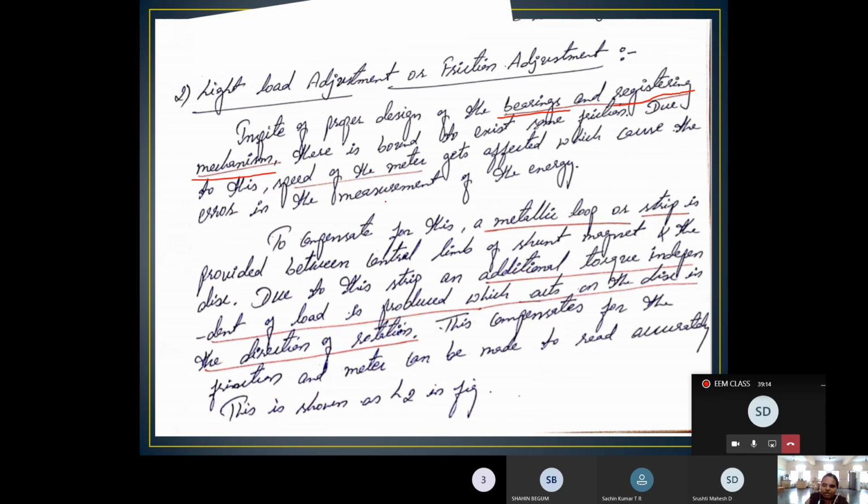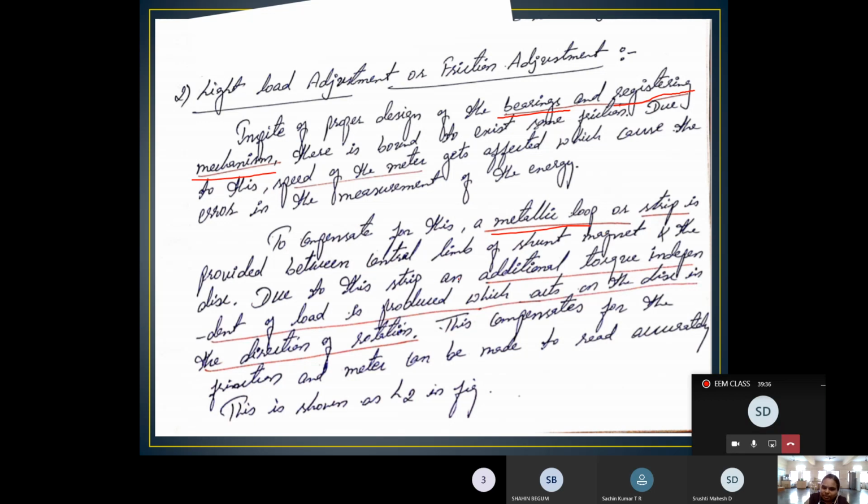How is it going to be compensated and adjusted? To compensate this, a metallic loop or strip is provided between the central limb of the shunt magnet and the disc.